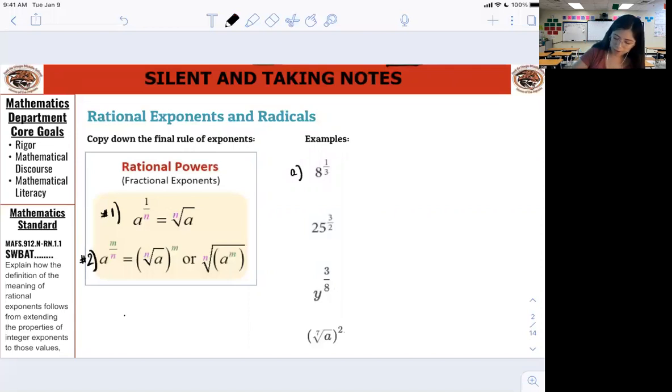So I can rewrite this as a radical. The number 8 sits on the inside. And since I have 1/3, the number 3 sits out on the balcony of my radical. Well, we know that the number 3, what type of root is that?